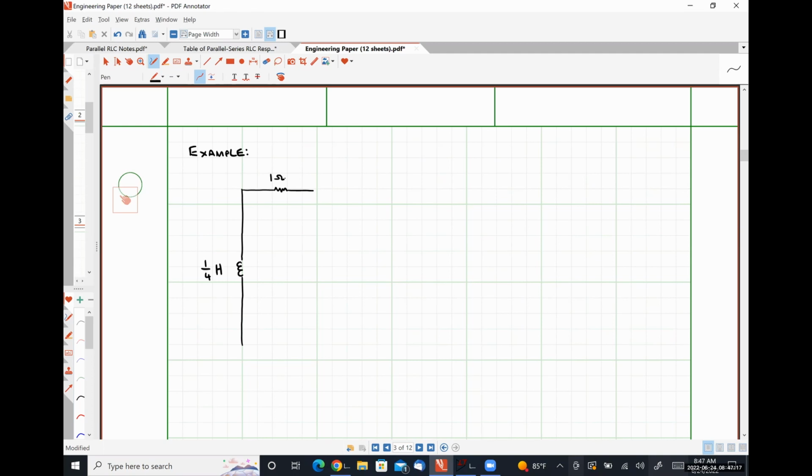A 1 ohm resistor here. This will be a switch that is going to be opening at t equals 0. We have a 5 ohm resistor here, and a 12-volt source here.